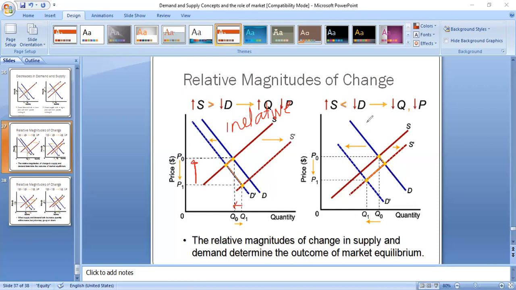And we realize that here it is inelastic. And we also realize that this is an increase in supply, of course, and here also it is an increase in supply. Of course, here we are getting a bigger increase in supply, given the fact that the demand here is inelastic.